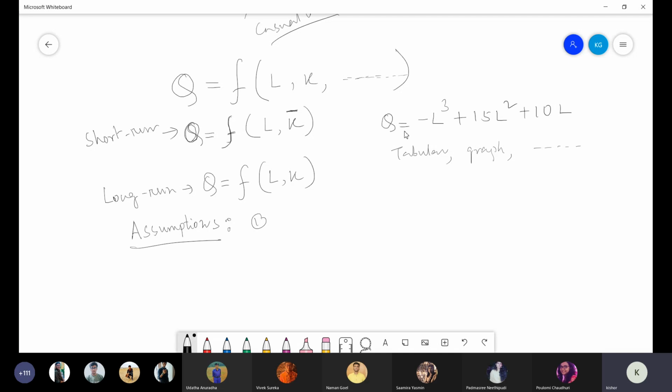One is only two inputs you are considering, labor and capital. In the short run, fixed inputs remain inelastic. Inelastic means what? Irrespective of level of output, capital remains fixed.